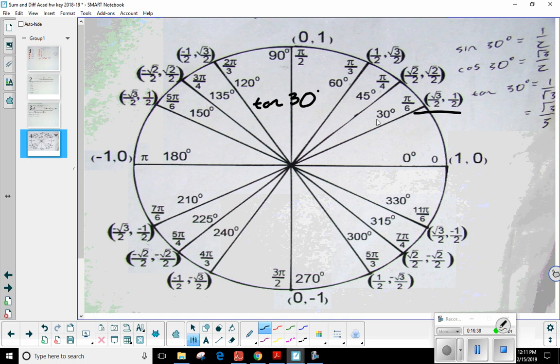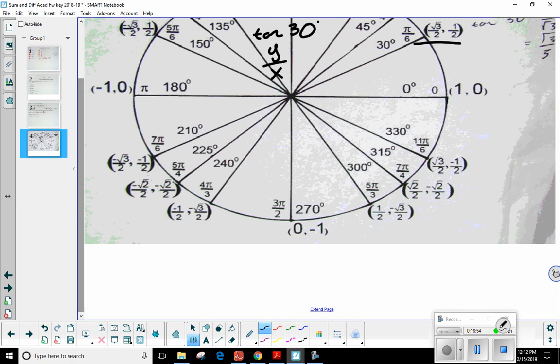It's y over x. So I want to take the y value of that coordinate and divide it by the x value. I'm going to take the 1/2 and divide it by square root of 3 over 2.